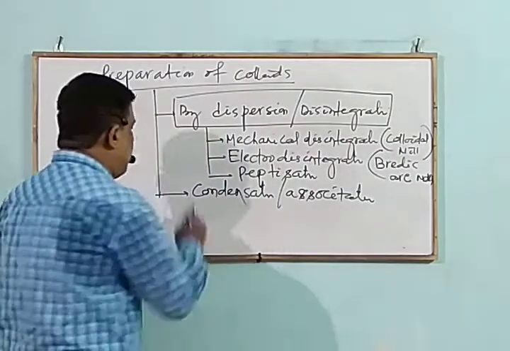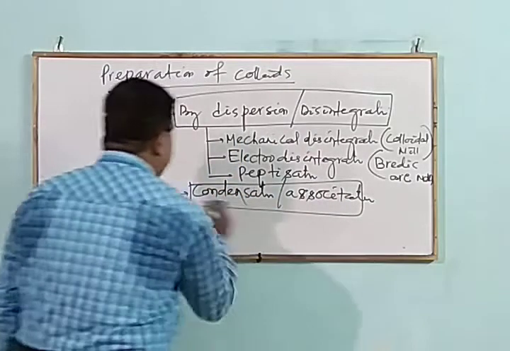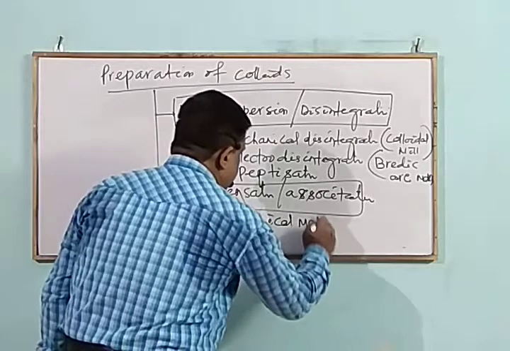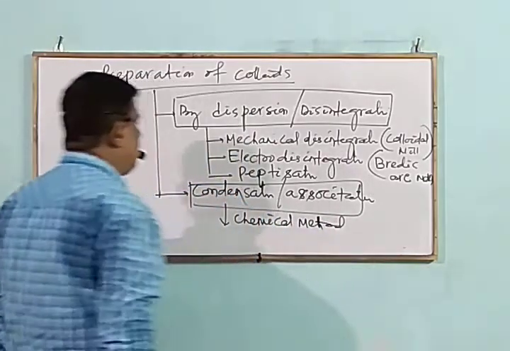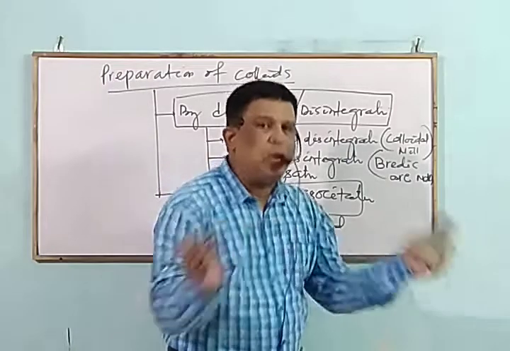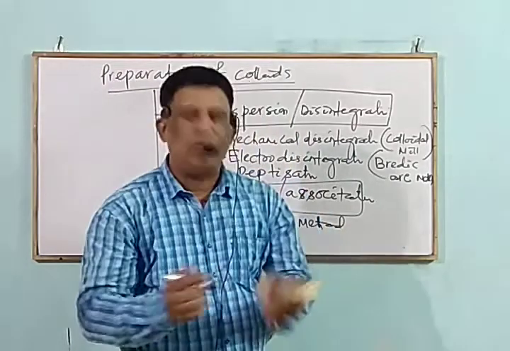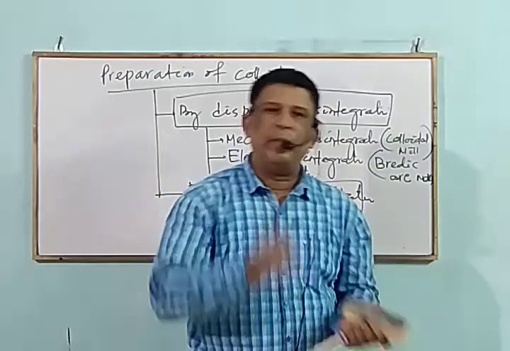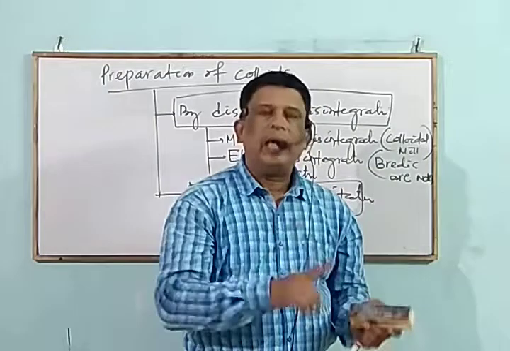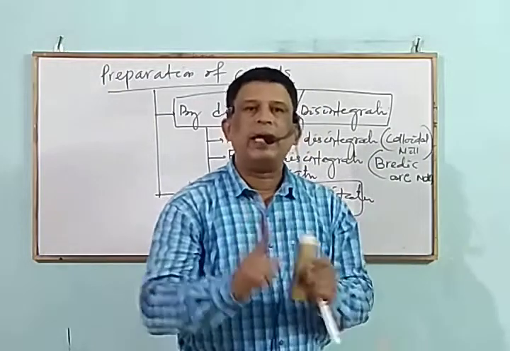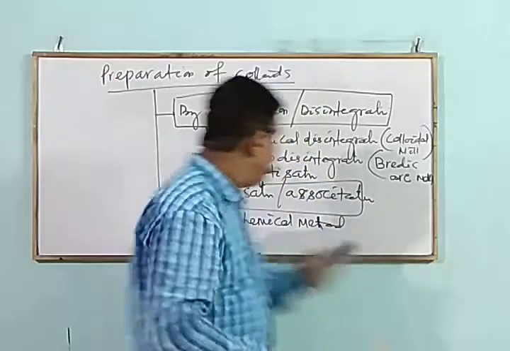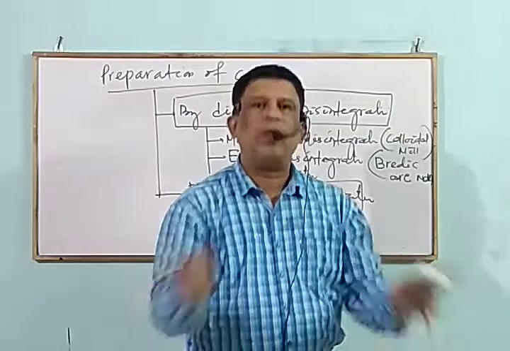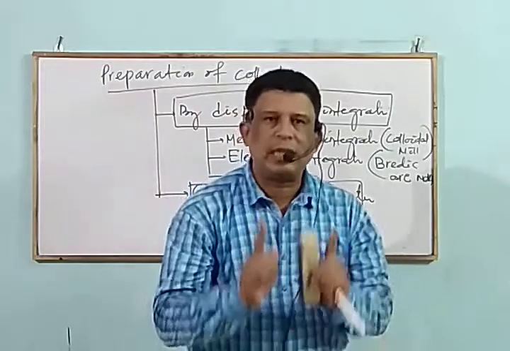While condensation or association is carried out by chemical methods, in which smaller particles join together to form a particle of colloidal range, by adding suitable chemicals, by solvent exchange, or by excess cooling.